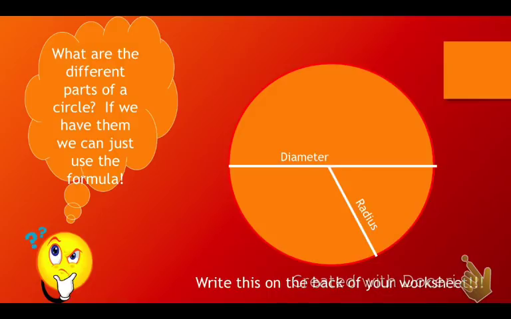Just for reference, diameter is lowercase d and radius is lowercase r. So diameter equals 2 times the radius, and radius equals the diameter over 2.